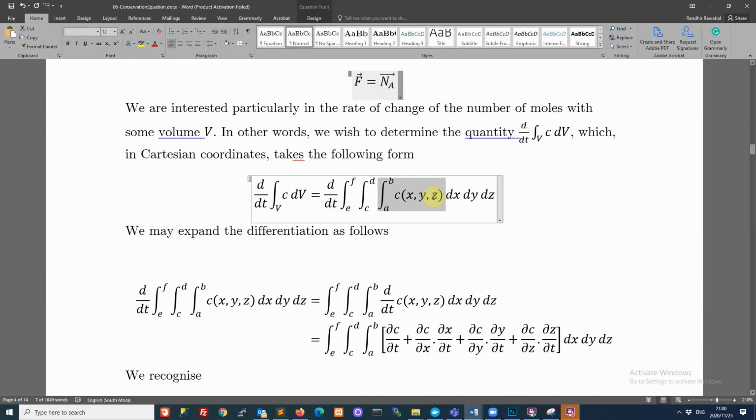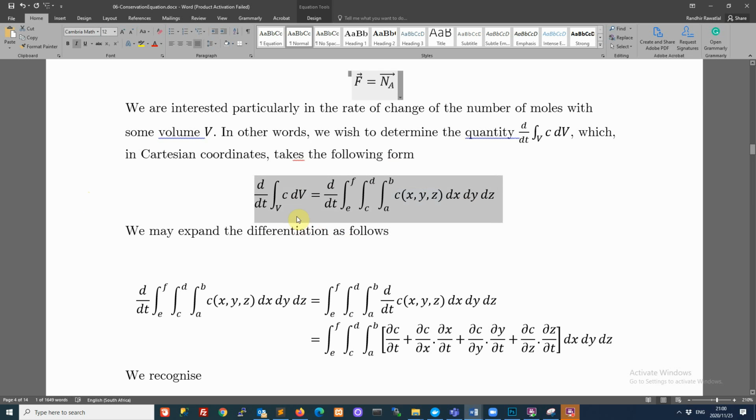Acknowledging that the concentration is generally varying in 3 dimensions, we can simply integrate over all 3 dimensions, and that will give us the total rate of change of moles there, and that's the same as the left-hand side. So this whole expression is nothing but an expansion on the volume.